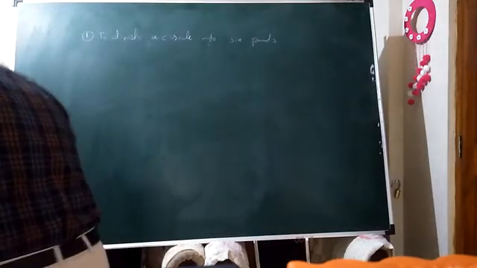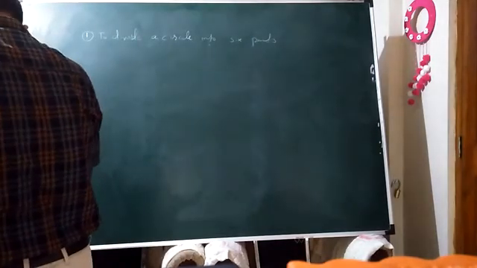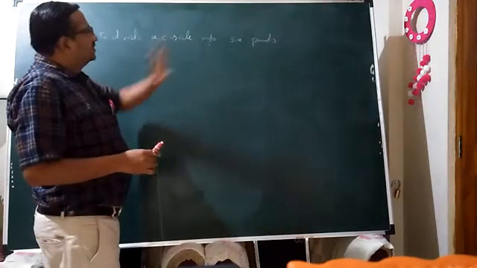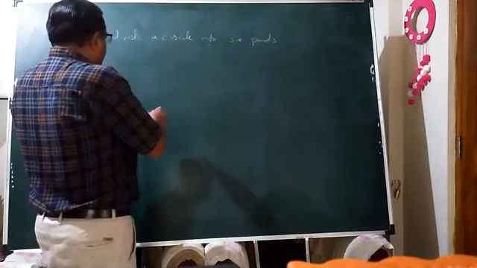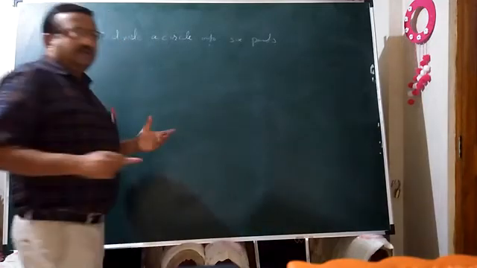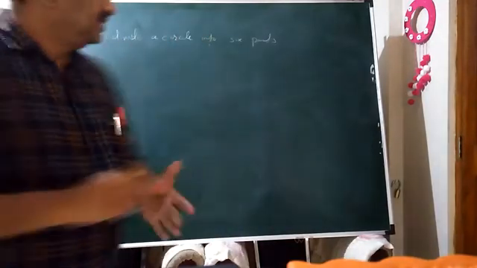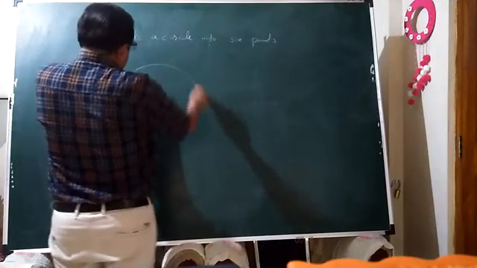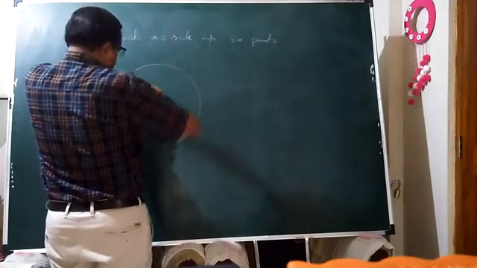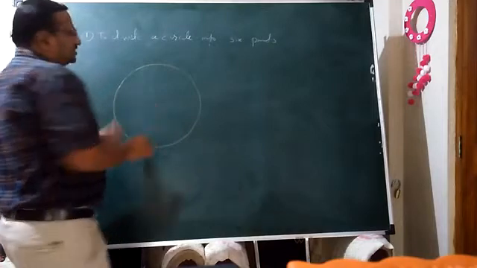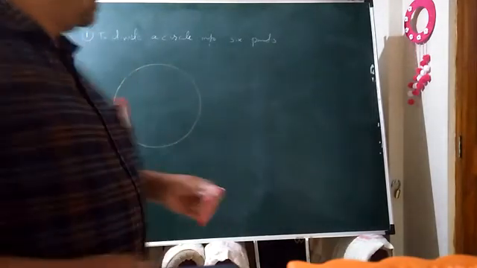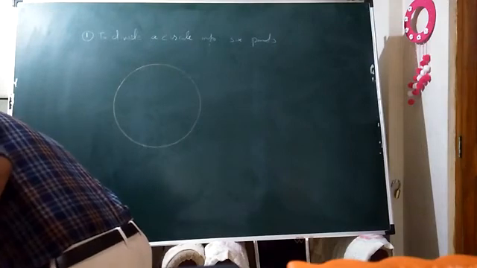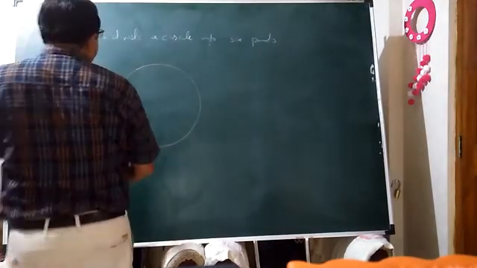For that, what I have to do, to divide a circle into 6 parts. Suppose a 60 mm diameter or 70 mm diameter circle we can construct. Now mark any point on the circumference of this circle.